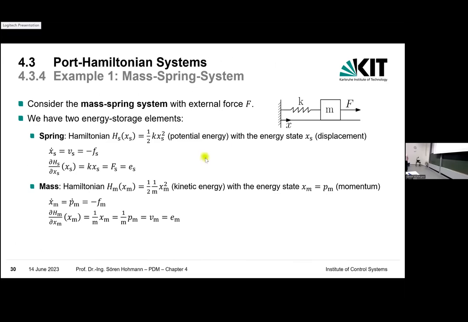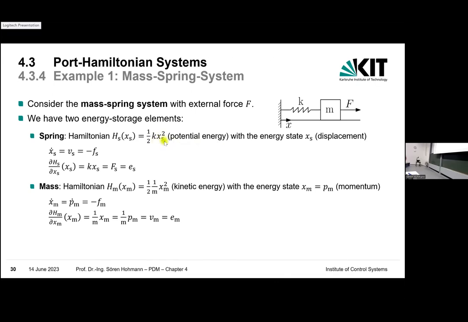Suppose you have this oscillating mass, which is attached via a spring to the wall, which is given here. Now we want to do the modeling and look at what happens. Well, the Hamiltonian, or storage function, for a spring is, let's say, half k, the spring constant, times xs squared. So xs is the displacement of the spring.